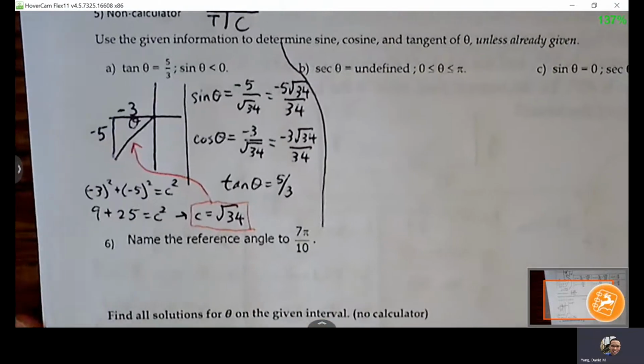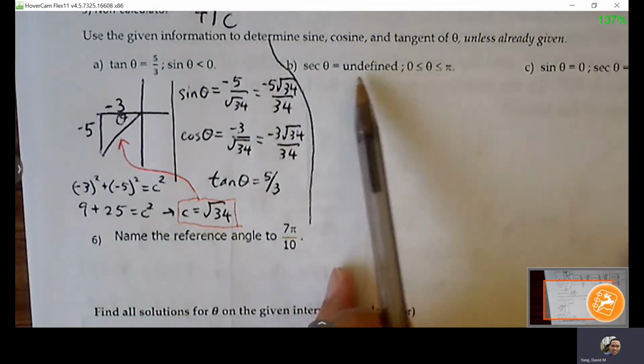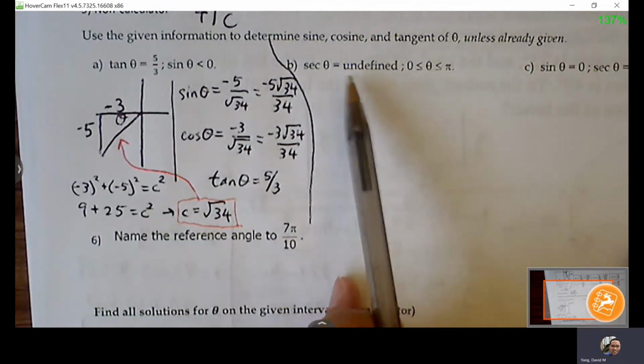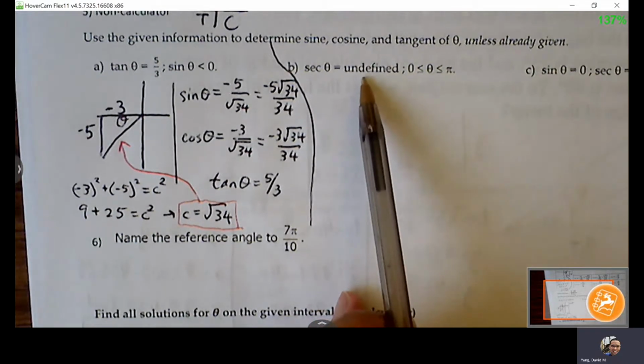Okay, question with part A. Okay, part B, secant of theta is undefined. We know that anytime we're talking about undefined, we're basically looking for zeros on the unit circle, right?